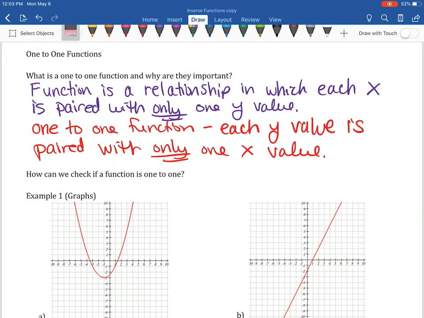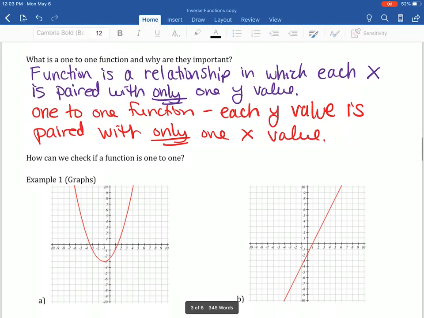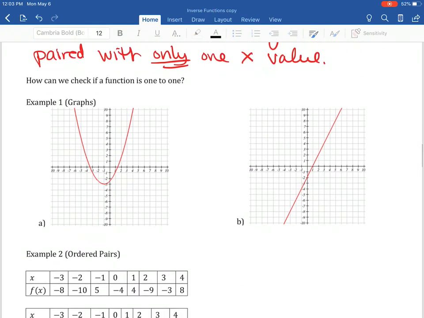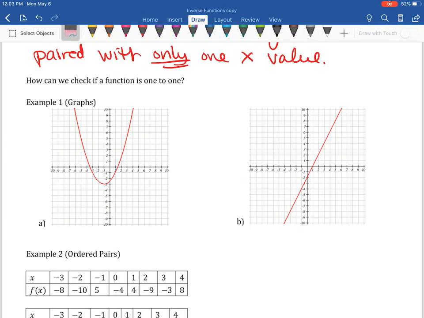So to illustrate this, let's look at the graph in example 1. The first graph A. This is a quadratic function, and I know that it's a quadratic function because it's got that smile shape.